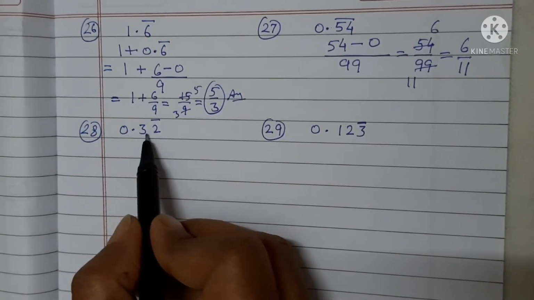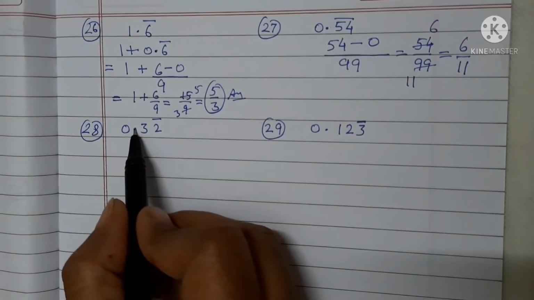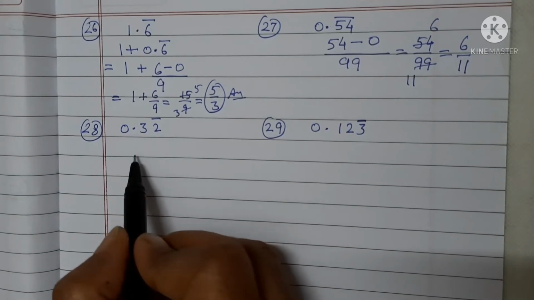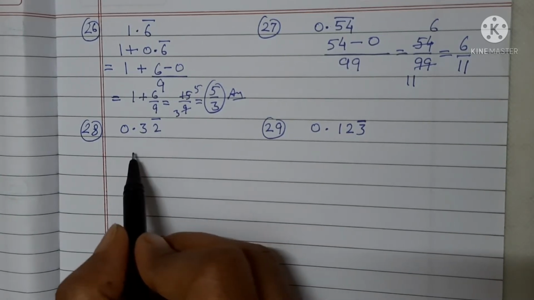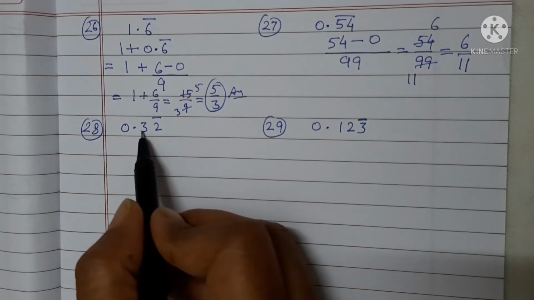This is 0.32 bar. First you write the number as it is after the decimal, so 2 digits, 32.